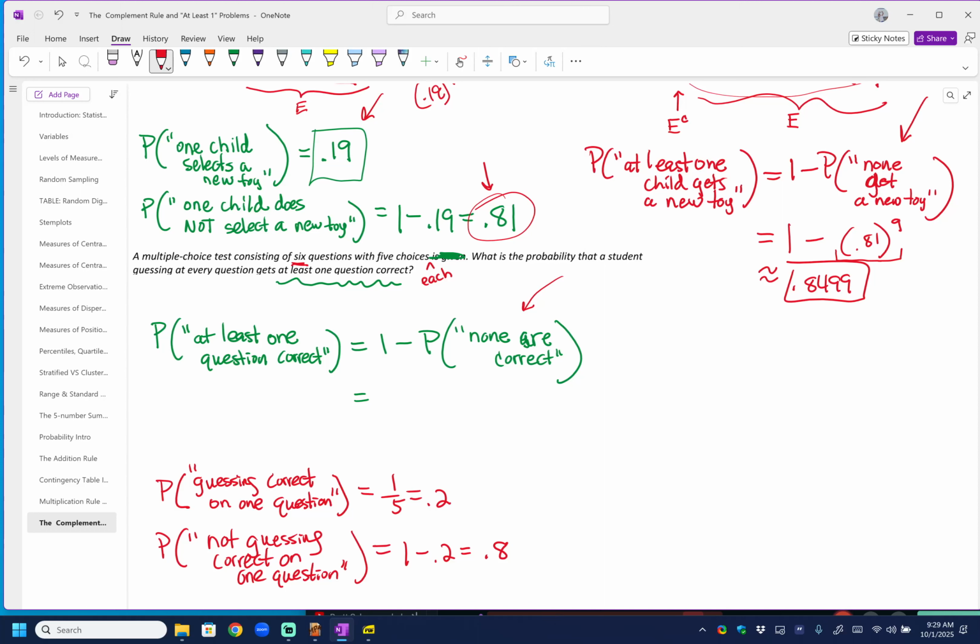But our problem is not asking for one question wrong, it's asking for 6 questions wrong. So what's the probability you get the first one wrong, and then the second one wrong, and then the third, all the way up to the 6 questions? Well, that is going to be 0.8 to the 6th power. So we're doing 1 minus this probability, which is 0.8 to the 6th. If we do that calculation, we're going to get approximately 0.7379 as our result.